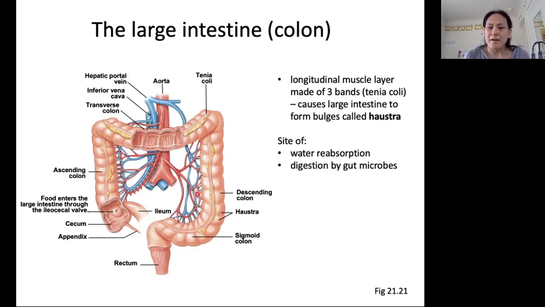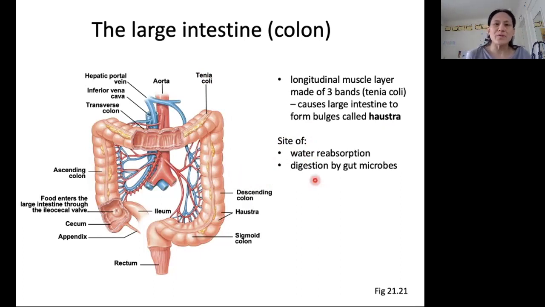Okay, what else do I want to say? The inside wall of the large intestine is smooth. It doesn't contain villi. The large intestine is the site of water reabsorption. It's one site of water reabsorption. It is also the site of digestion by gut microbes.